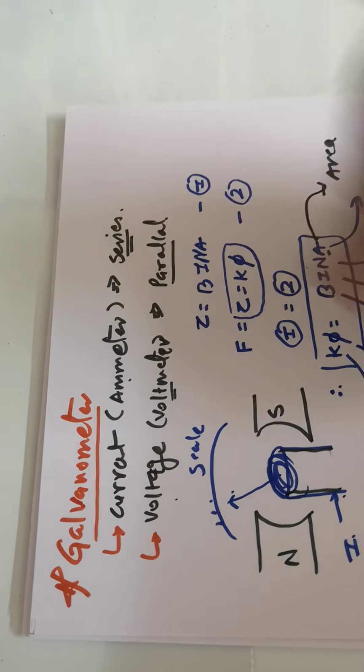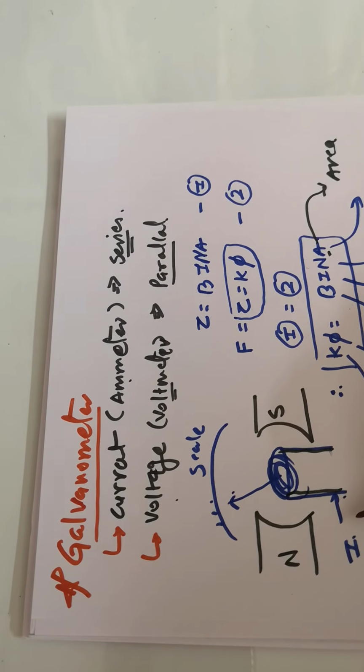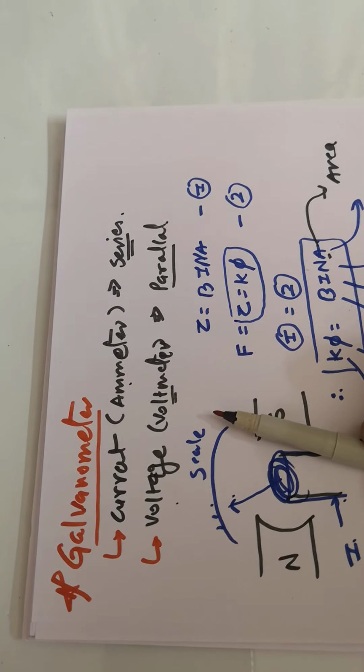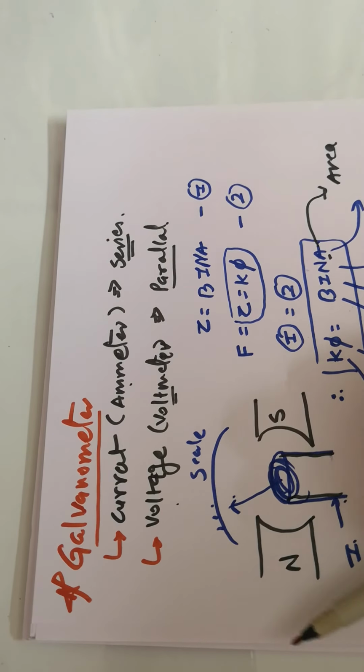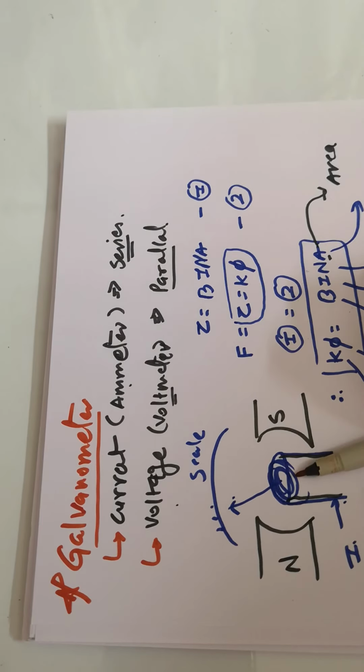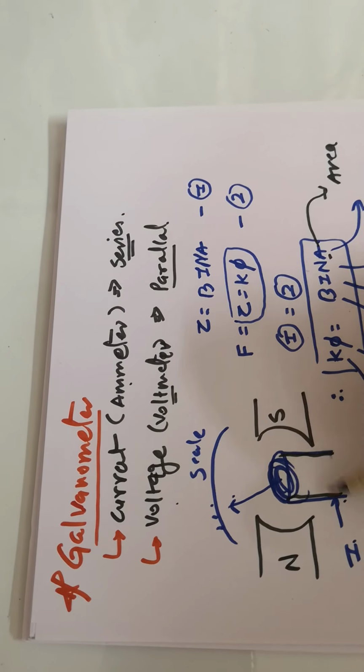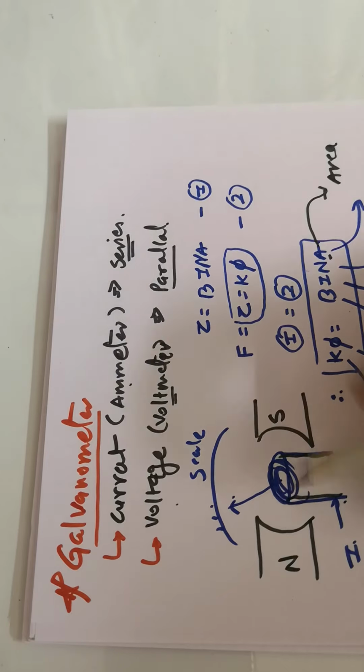If sensitivity is not properly calibrated, even a smaller amount of current passing will make our needle show full deflection, and it is not getting any movement because our current is higher. The magnetic field produced here is higher, so the angle will be full. It is showing full angle even though current is passing, and this coil will be completely burnt. That is how you are damaging your instruments.